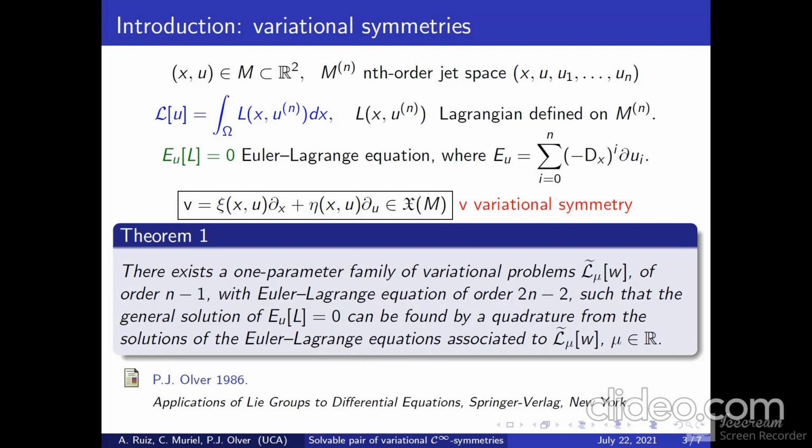The importance of variational symmetries is that they produce order reduction for the Euler-Lagrange equation associated to variational problems, in such a way that if a variational problem admits a variational symmetry, then the order of the Euler-Lagrange equation can be reduced by 2, and also the general solution of the original Euler-Lagrange equation can be reconstructed by a quadrature from the solution of the corresponding reduced Euler-Lagrange equations.